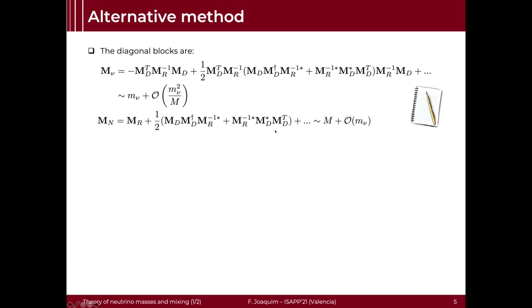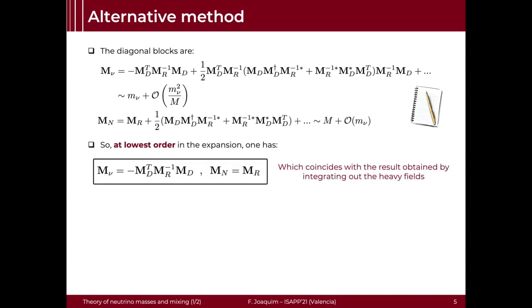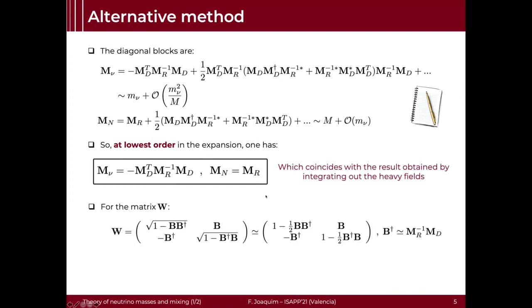Remember that here I'm always considering the type 1 seesaw in which Mr is really much bigger than the electroweak scale. Okay, so at lowest order in the expansion, we have the same that we have found before, and for the heavy ones, Mn is equal to Mr.